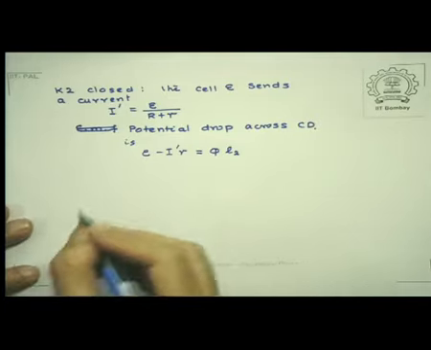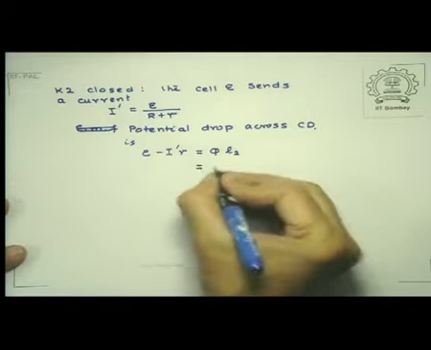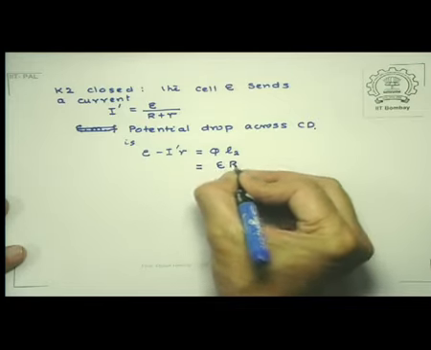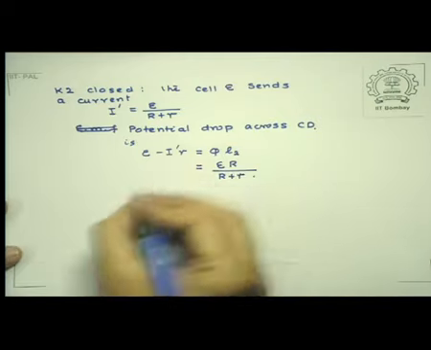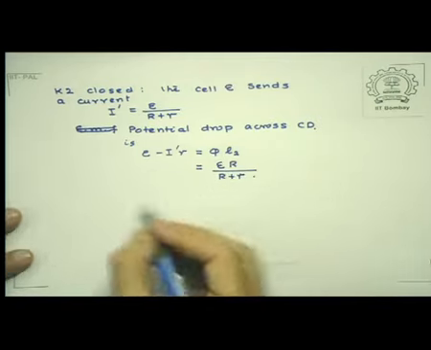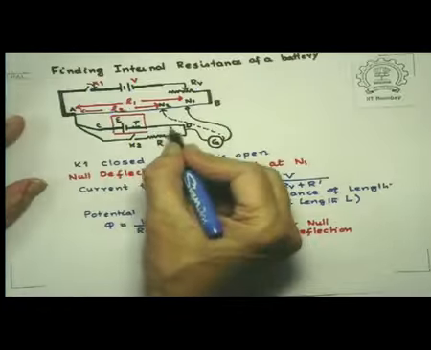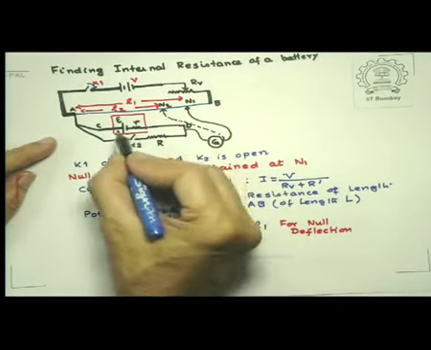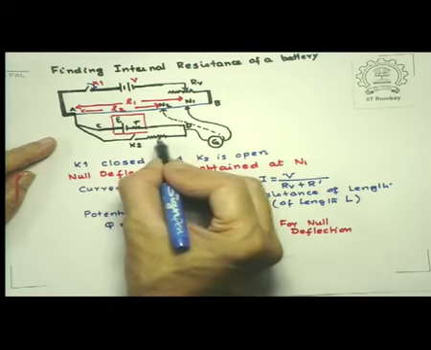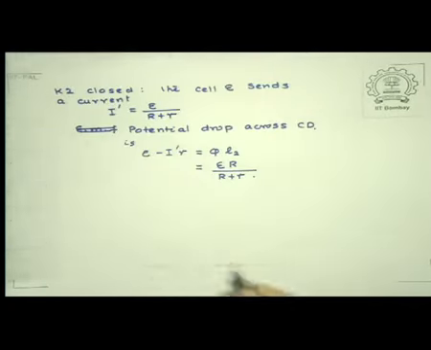And since this is equal to E R divided by R plus r, so that is equal to phi L2. The reason is that I have this amount, E minus I prime r, is the potential drop across these 2 points. So therefore whatever is the current multiplied by this resistance R gives me the potential drop across these 2, or that is the potential drop across CD. So that's my phi L2.